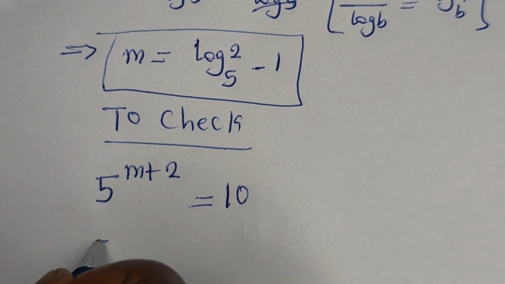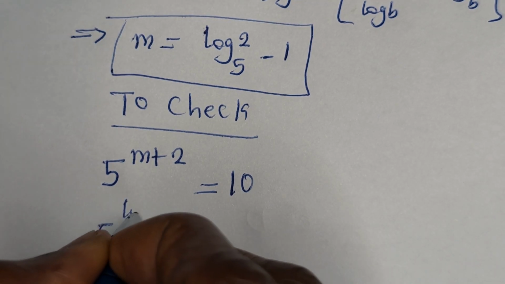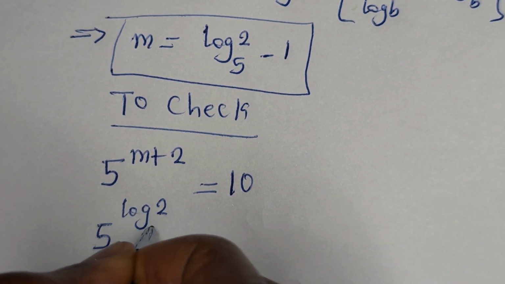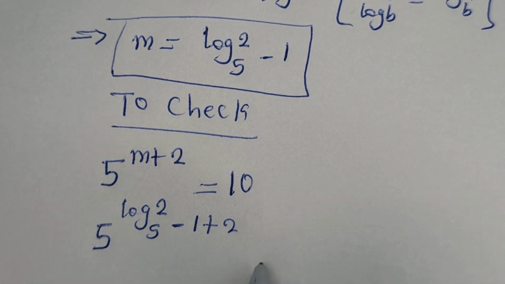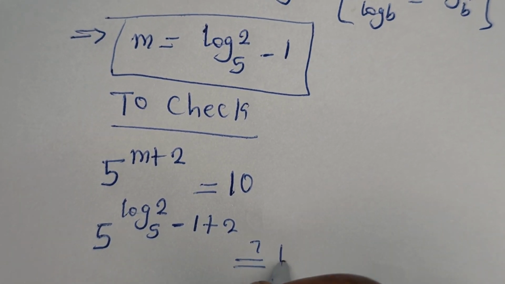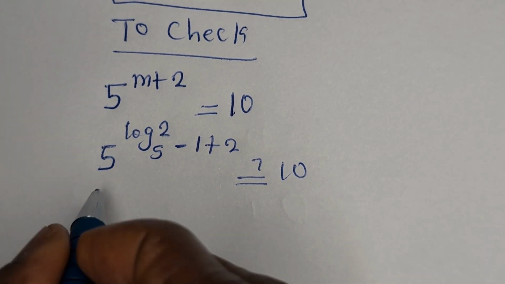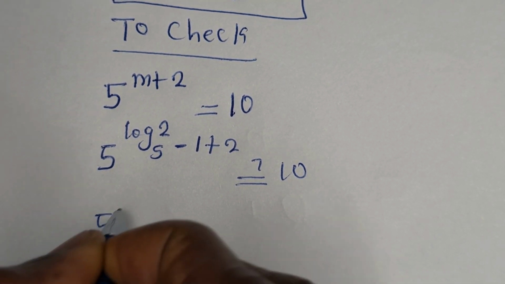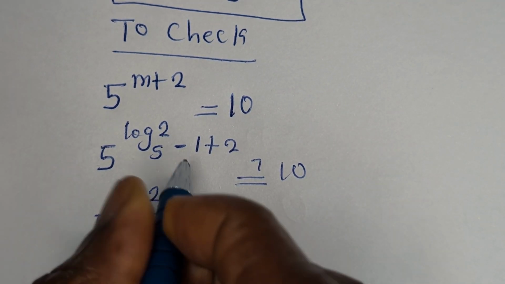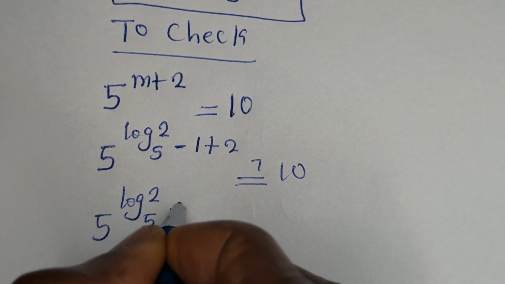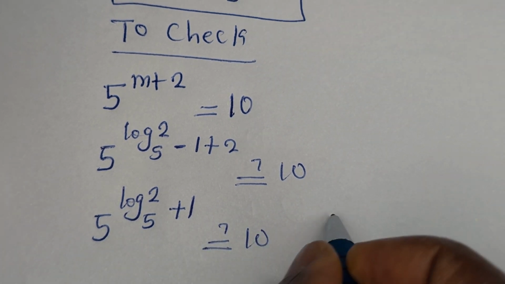Here is 5 raised to power log 2 base 5 minus 1 plus 2 must be equal to 10. This is 5 raised to power log 2 base 5 minus 1 plus 2, that is plus 1, must be equal to 10.